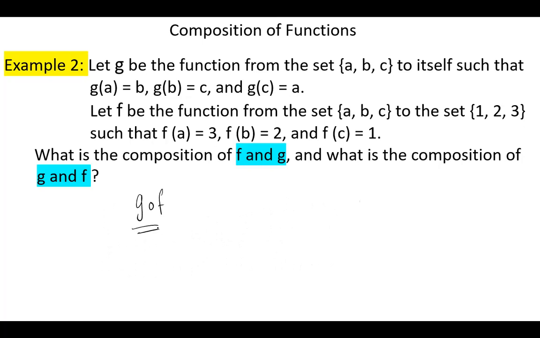Now regarding g compose f, it's not defined because the range of f is not a subset of the domain of g.